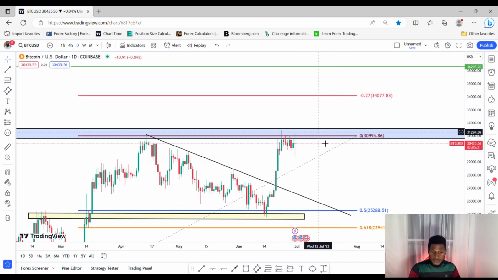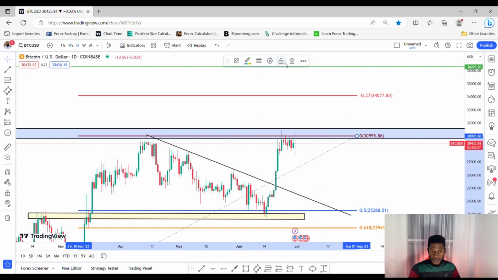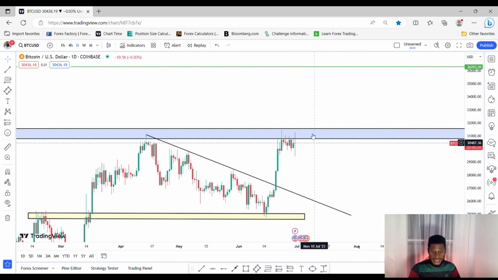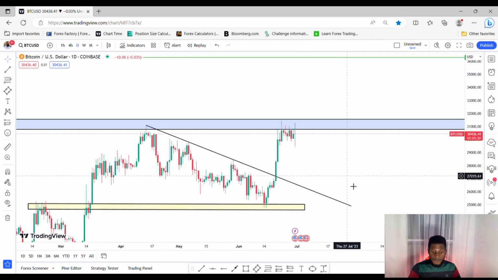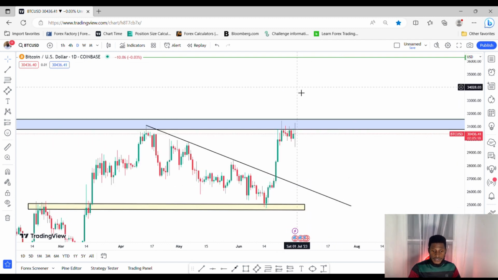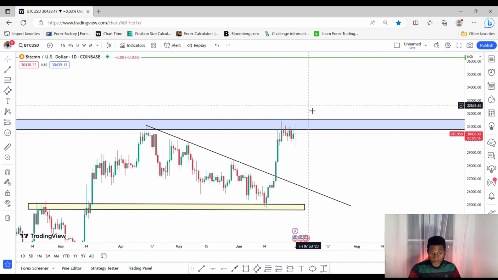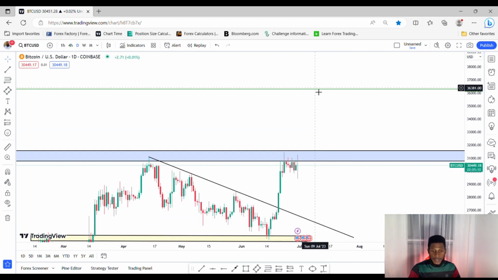But as long as Bitcoin trades below this blue bar, the resistance level, we would see Bitcoin still struggle. But if Bitcoin breaks above the resistance and trades right above the 31 plus region, the next target level for Bitcoin is about $36,246 per coin.